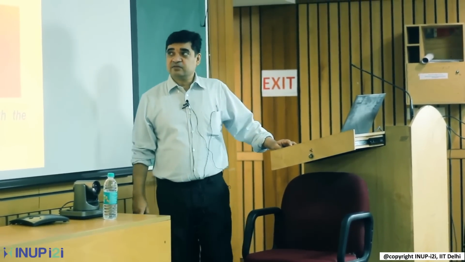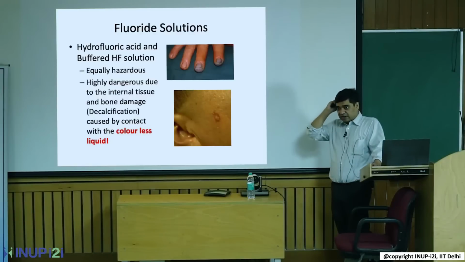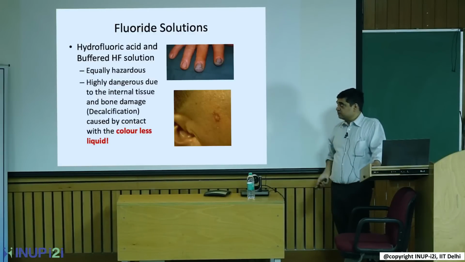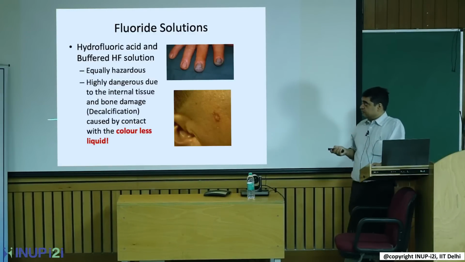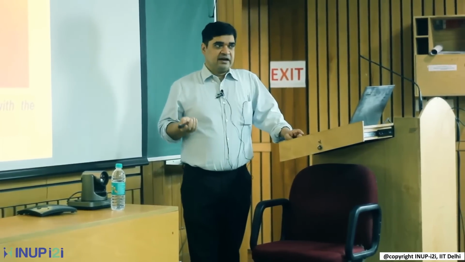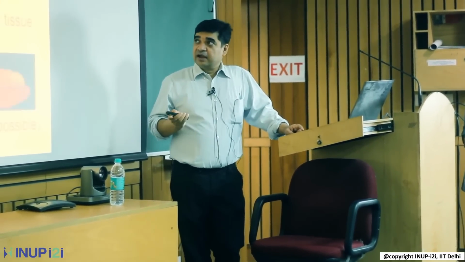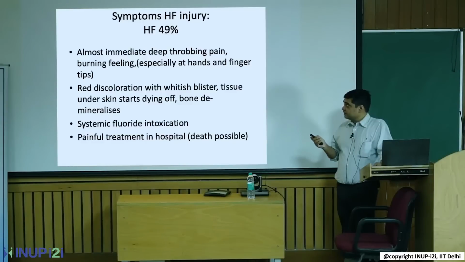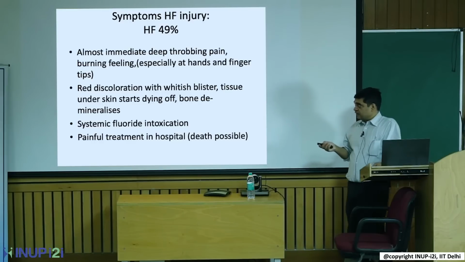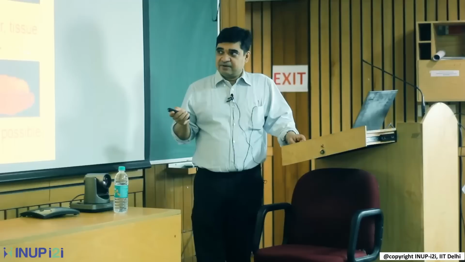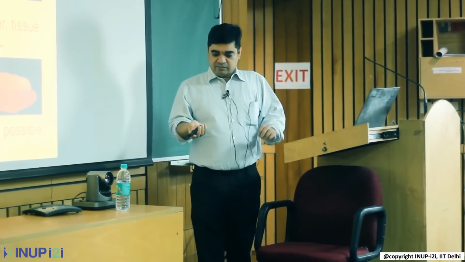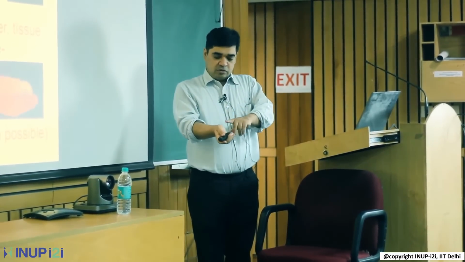I think HF we have to be very careful about. Of all the chemicals in the clean room, HF is particularly dangerous. Even dilute solutions are dangerous. Why? The fluoride ion has a lot of affinity for calcium, so it will cause decalcification. 49% HF will decalcify your bone, and typically you have a lot of pain as well, red discoloration with whitish blister, and the fluoride can go through the bone.